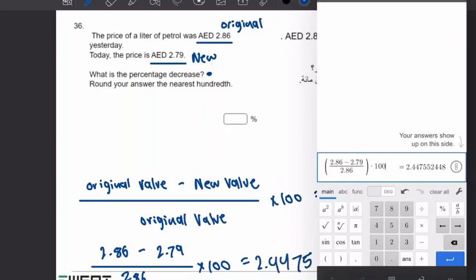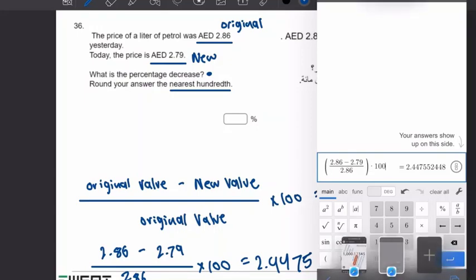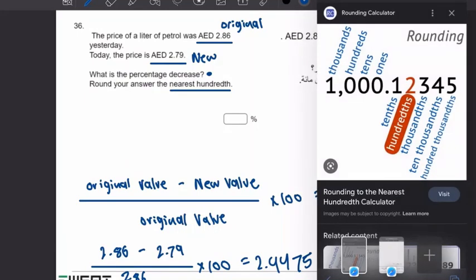And then if you input that into the calculator, you would get 2.4475. But since they want the nearest hundredth, which is the second decimal place, we have to look at the thousandth, which is the third decimal place, and see if it's 5 or above. If it's 5 or above, you round up the hundredth.